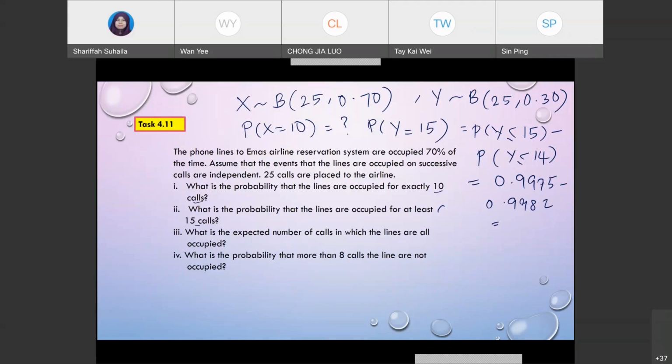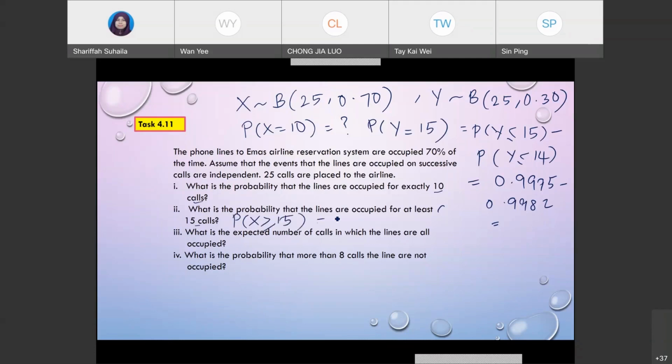Okay, part 2. At least 15. You want to find at least 15 that are occupied. So we will have probability at least 15.